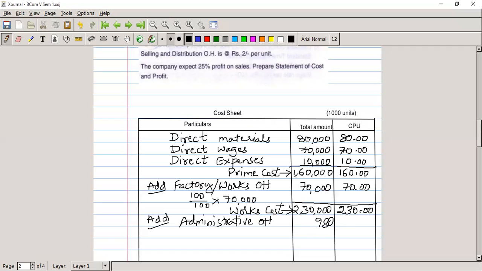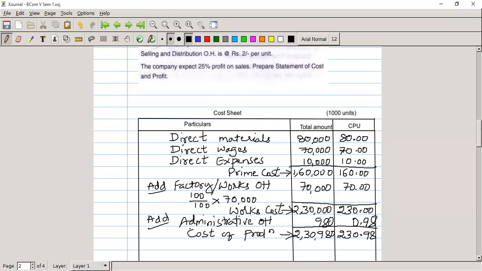So when we divide it by 1000 units, that is, 1000 units are being produced, we have to divide it. When we add all these together, it comes to 2,30,980, and this comes to 230 rupees 98 paise. So this is cost of production, COP.